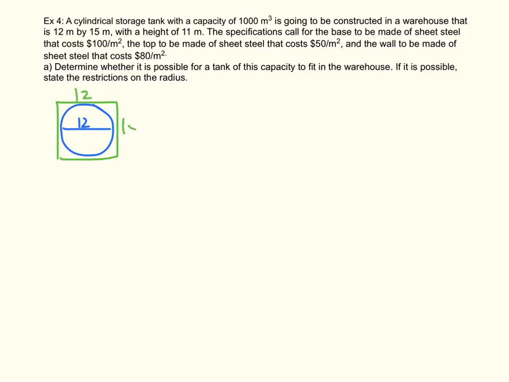We also know that the height of the warehouse is 11 meters. And we can also conclude that the radius of the cylindrical tank is going to be 6 meters based on the diameter that we're given.